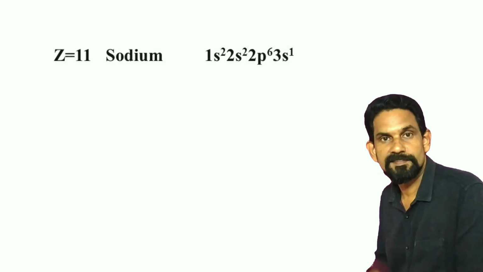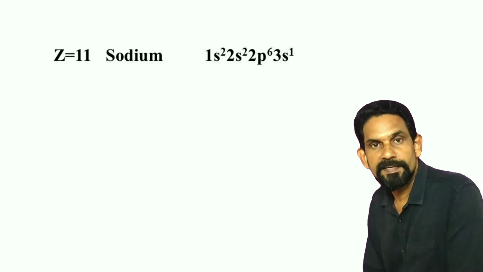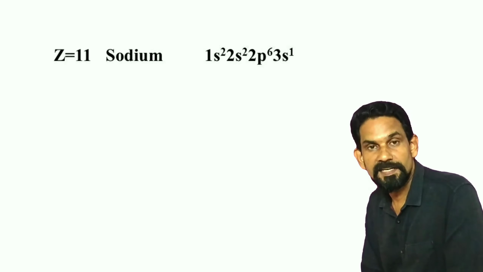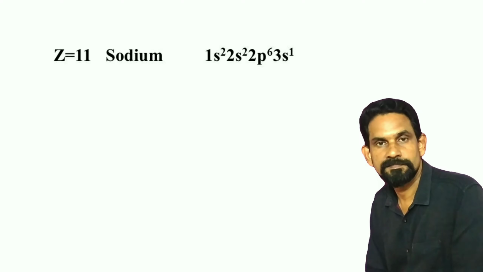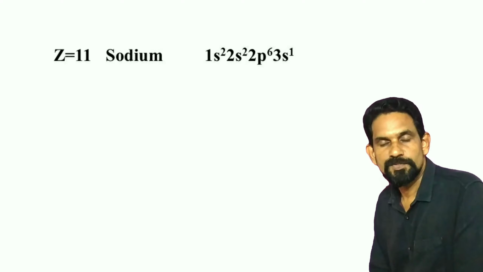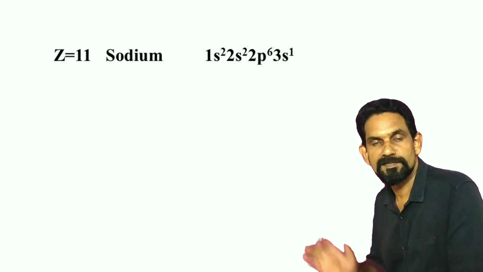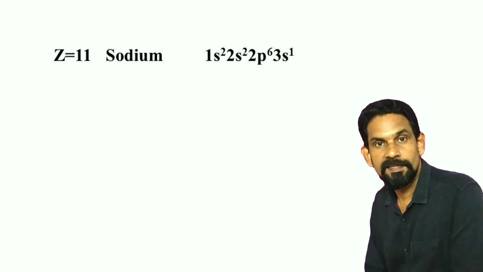So the next one is sodium, atomic number 11. Then how can we write the subshell electronic configuration of sodium? It is 1s2, 2s2, 2p6. Now how many electrons are filled? Totally 10 electrons are filled.